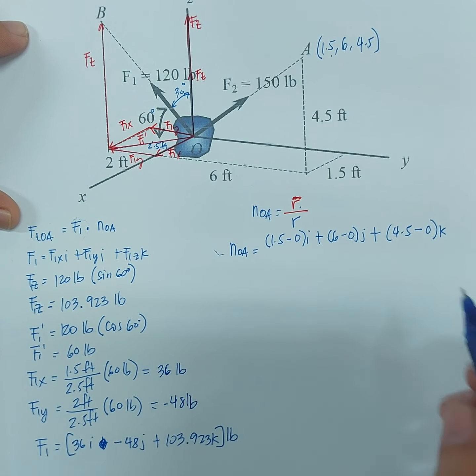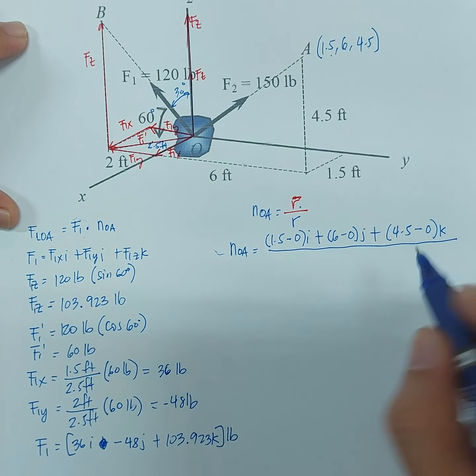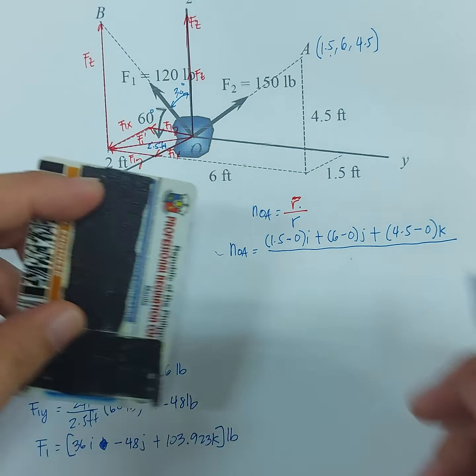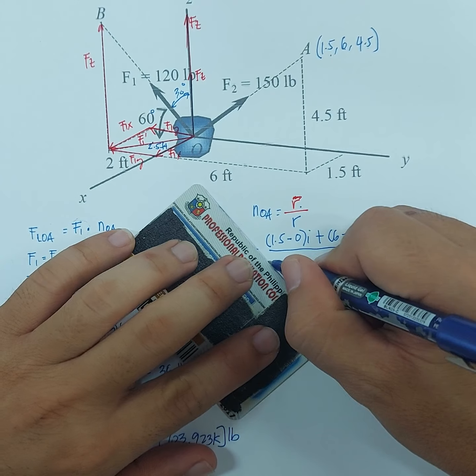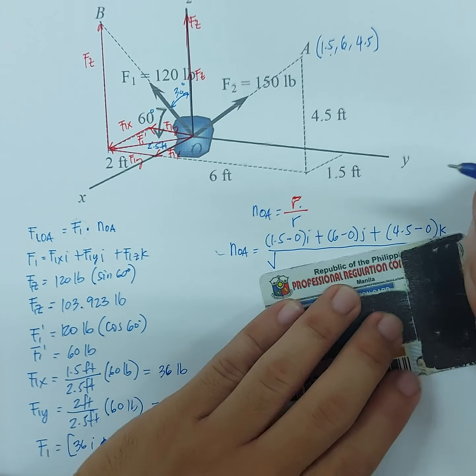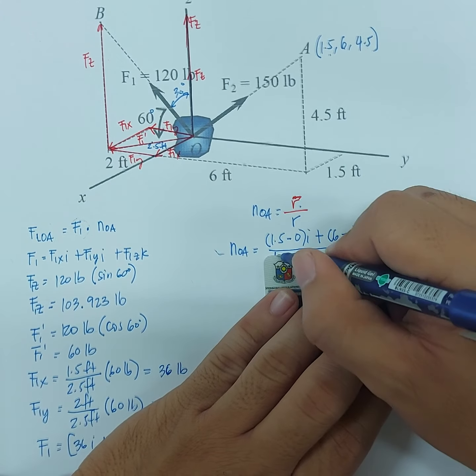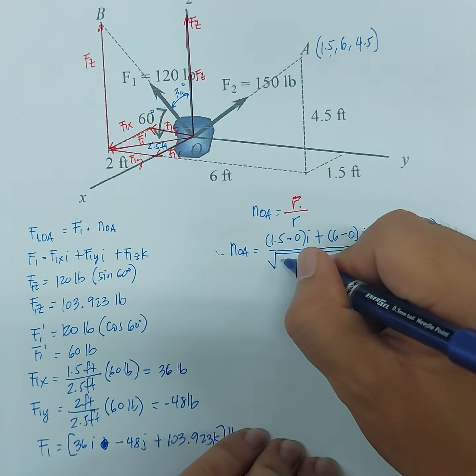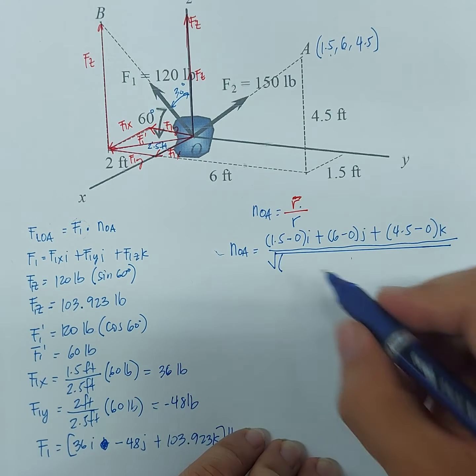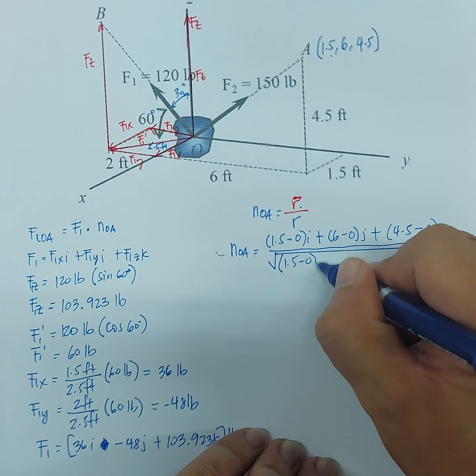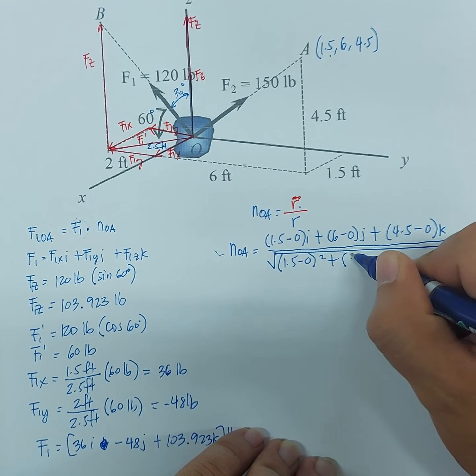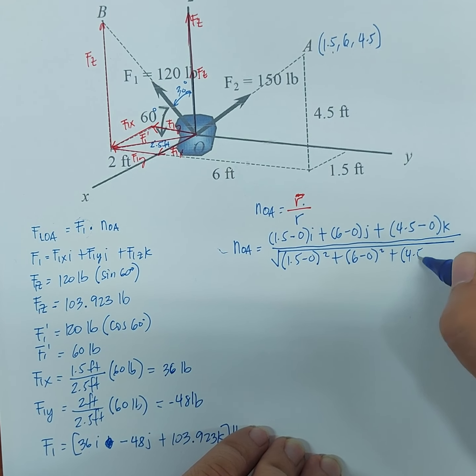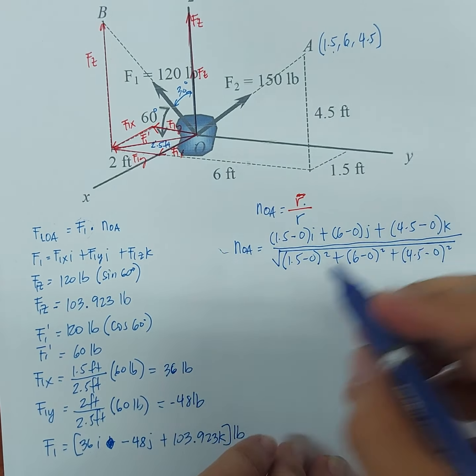That's our position vector. Divided by distance natin. So, copyan lang natin yung numerator. Okay. So, distance formula, square root of the quantity. So, we have 1.5 minus 0 squared plus 6 minus 0 squared plus 4.5 minus 0 squared.